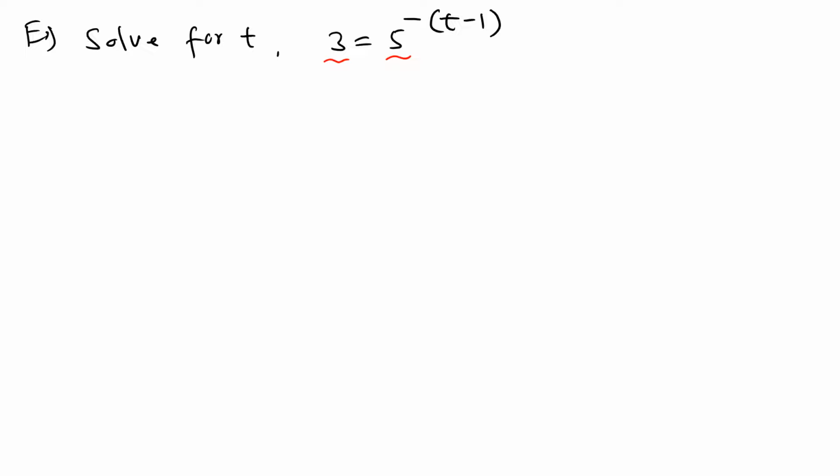So what we're going to do is a common trick, what they call take ln. It is a natural log. Take ln of both sides. So we have 3 equals 5 to the negative t minus 1.